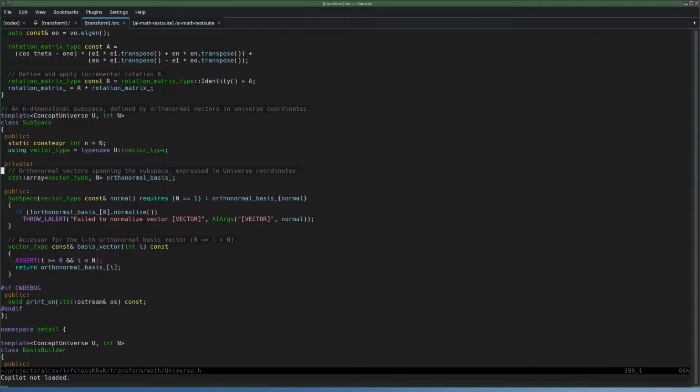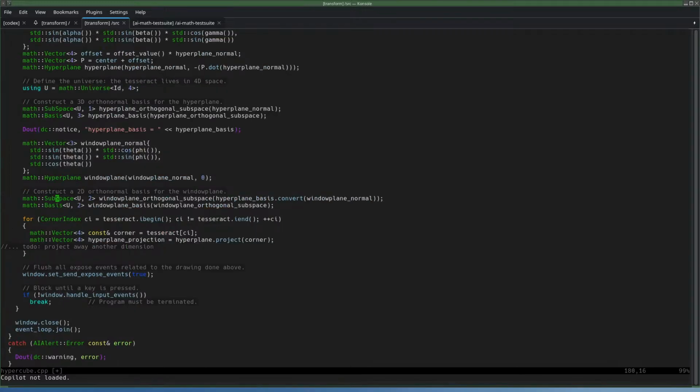So we need to end up with 2 vectors that are orthogonal to the window plane. And one of them is this.